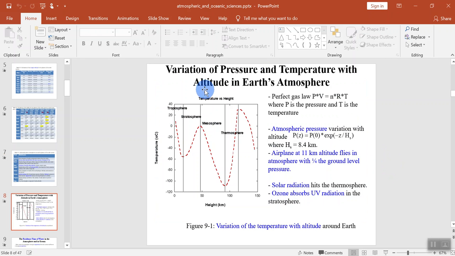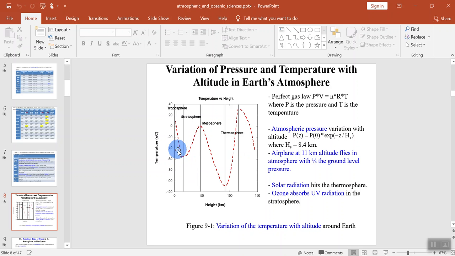Here we're showing the variation of the temperature with altitude, in kilometers, going up. So we see that temperature decreases mostly, except at the mesosphere where there's a lot of ozone that produces heat.